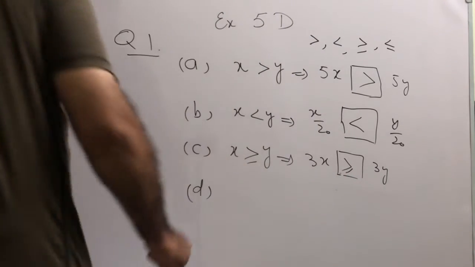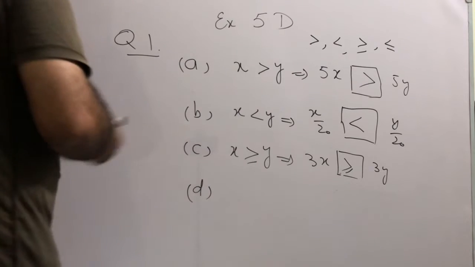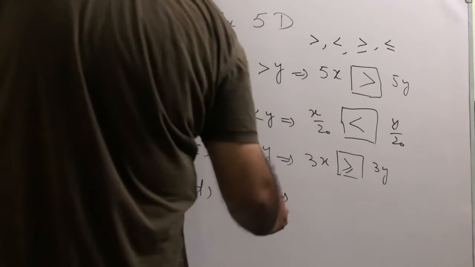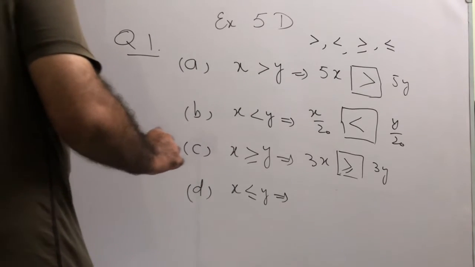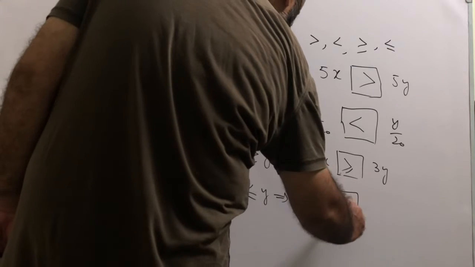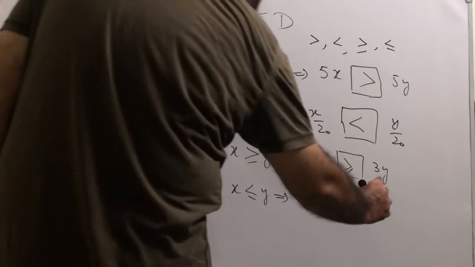Now part D says if x is less or equal to y, then x over 10 and here it is y over 10.